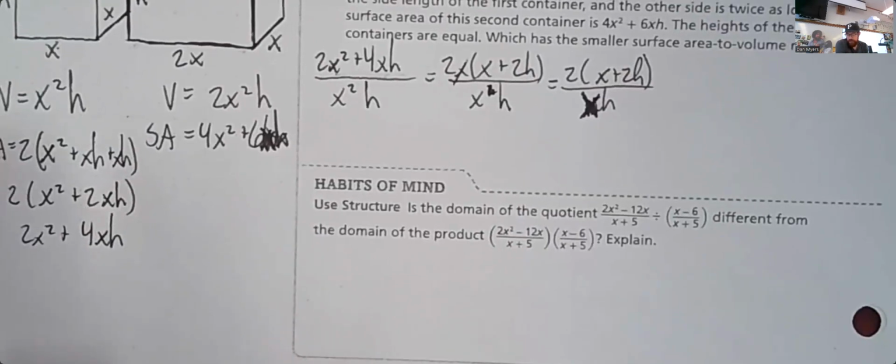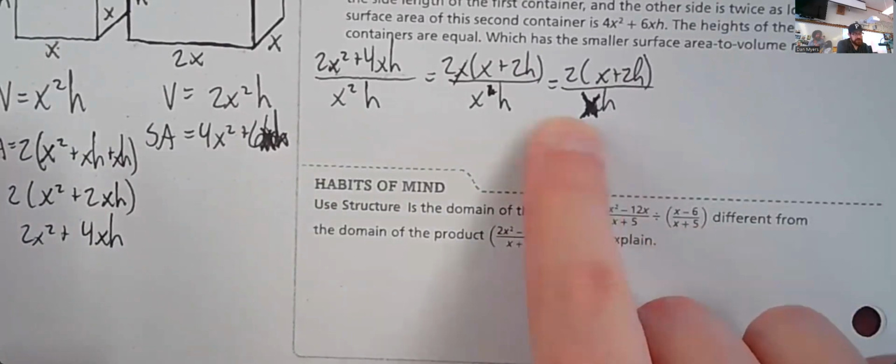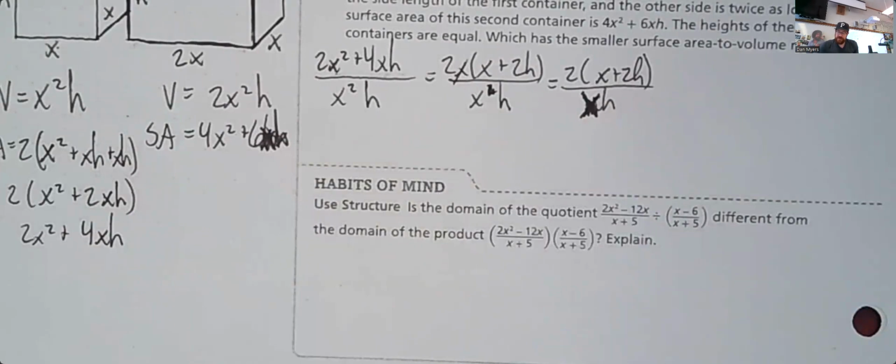Both denominators would have xh. It's the numerators that would be a little bit different. And so it turns out, I'll just go ahead and tell you, the rectangular base has a smaller surface area to volume ratio than the square base. We'd be able to find that out by finishing this one up, but we're running out of time and I'd rather just wrap things up.